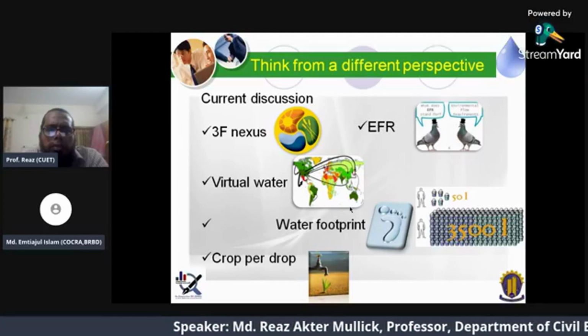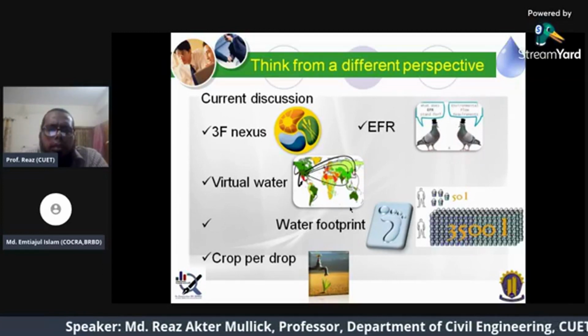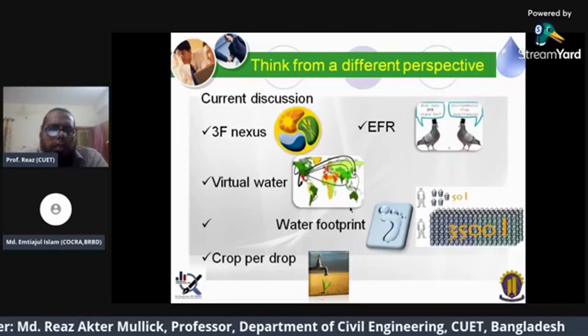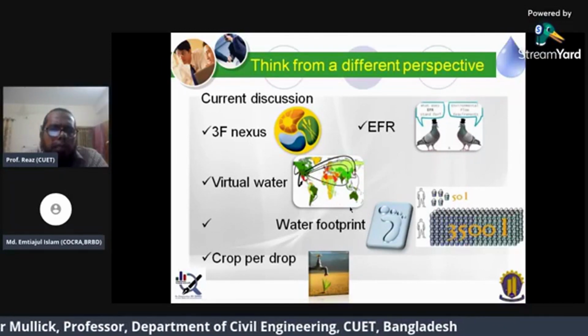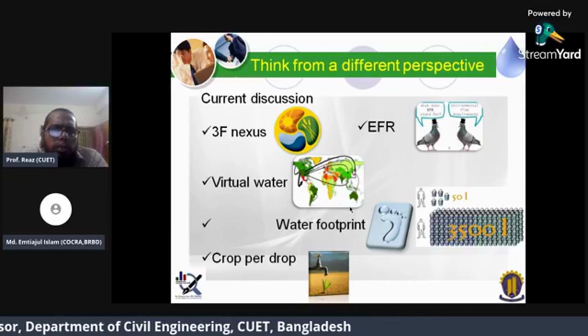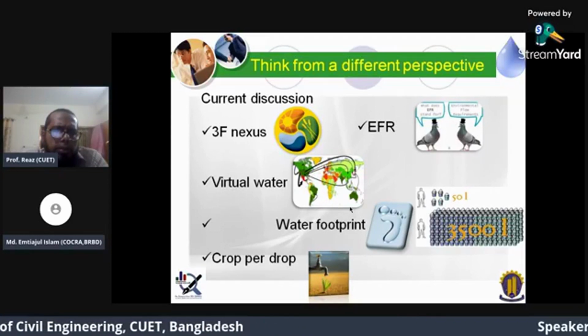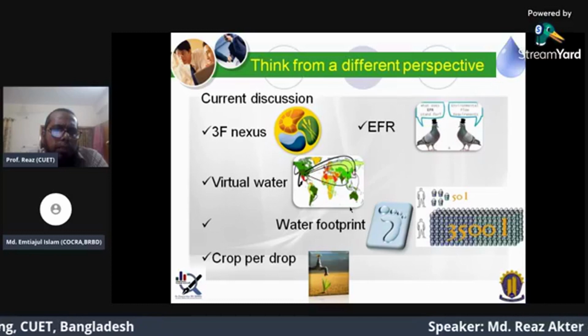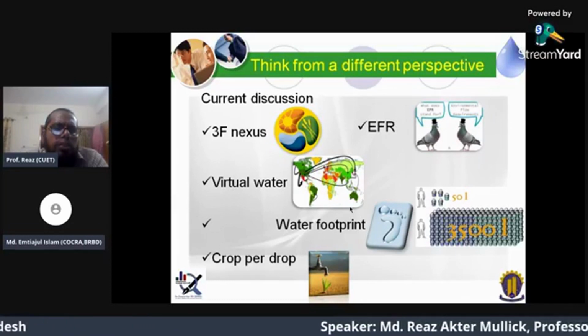EFR, the environmental flow requirement: how much water is really required for the environment, and how much water can be abstracted from the water bodies. Virtual water is a very interesting topic, in fact, and very little research has been done here.